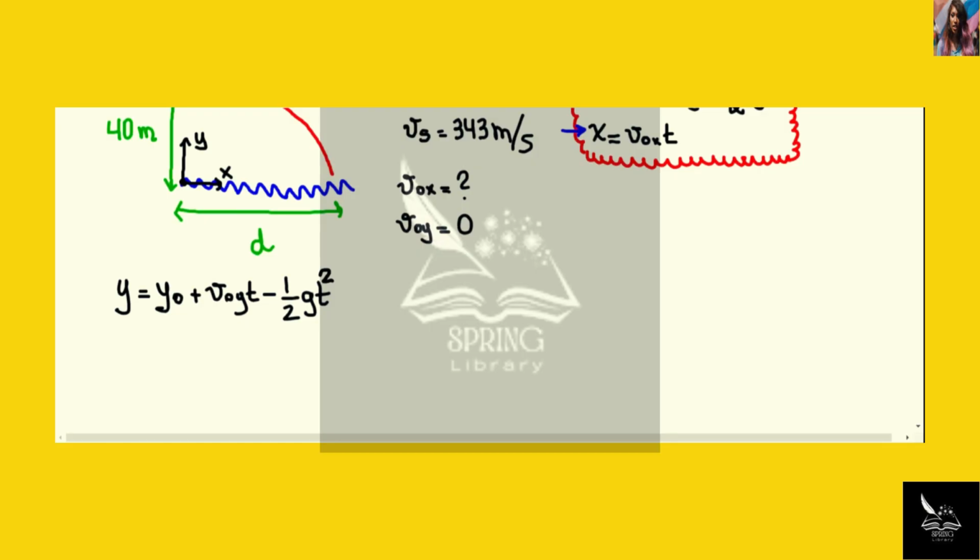I want to calculate the time it takes for the rock to reach the water. When it reaches the water, y is 0. So we have 0 equals y0 plus v0y, but v0y is 0, minus 1/2 g t squared.